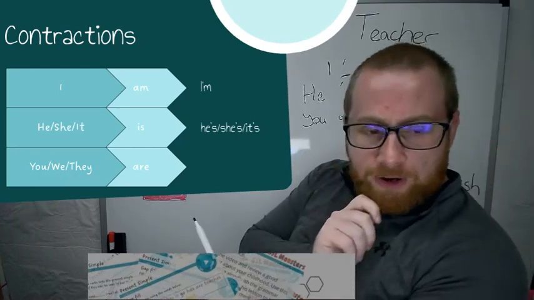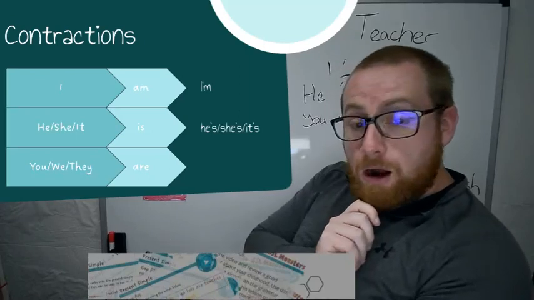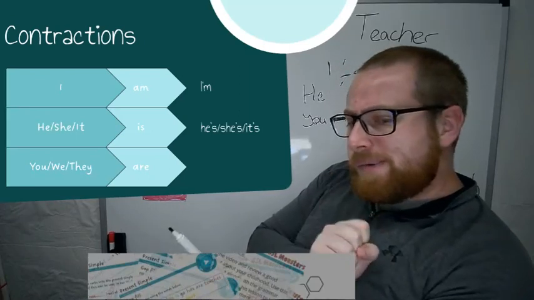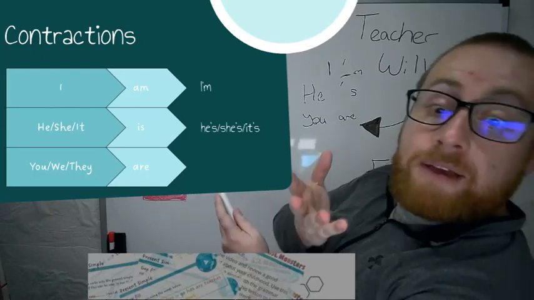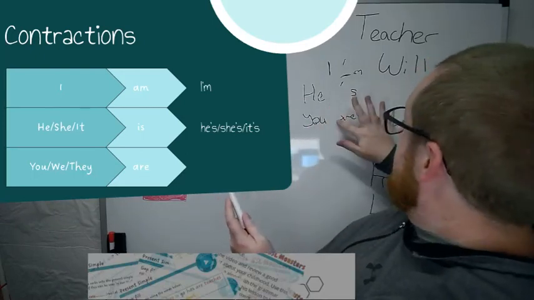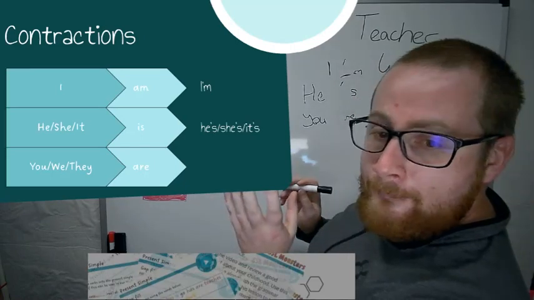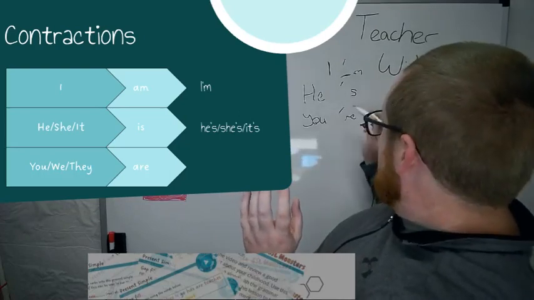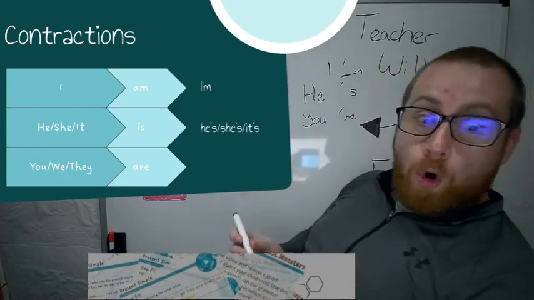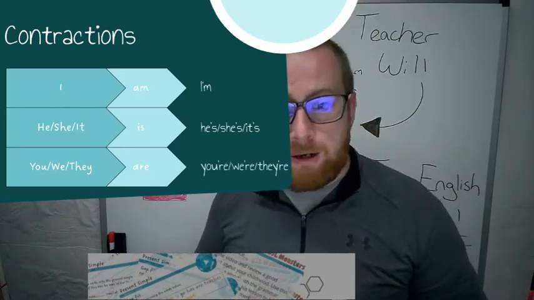Let's use the same idea with the final one. You, we, they are. And get rid of one letter. What are we going to get rid of? The A. And we're going to add an apostrophe. So we're, you're, they're.